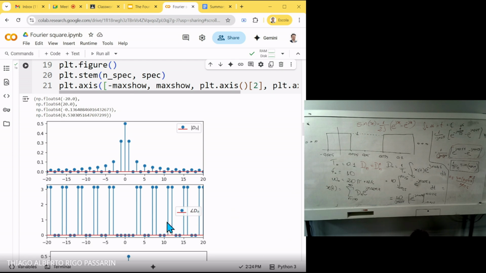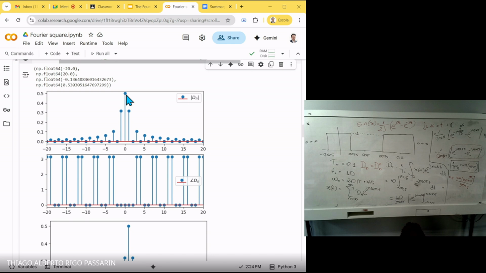Why is the angle sometimes 0 and sometimes 3 point something? This is pi, right? When a complex number has angle exactly pi, it's real, right? Real and negative.